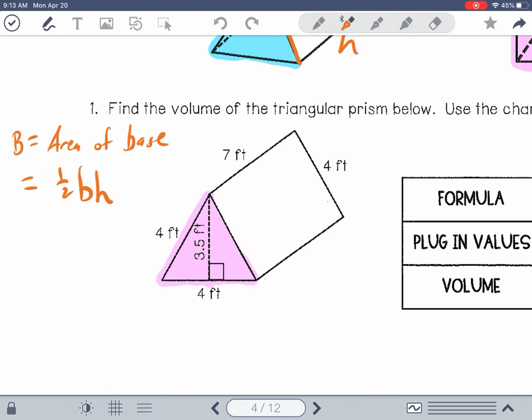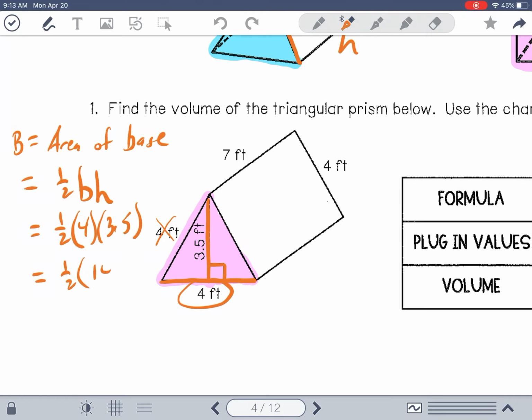Remember the base of the triangle is here, but the height creates a right angle. This is not. So then we have that big B is 1/2 of 4 times 3.5. That would be equal to 1/2 of 14. So then big B is equal to 7.